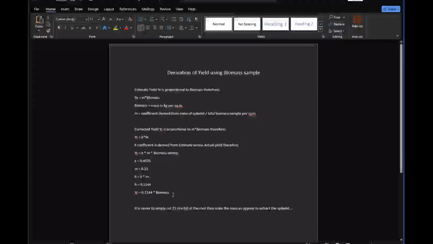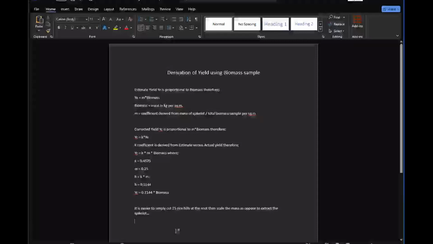When I did some number crunching, this M could go up to 0.3, or it could remain around 0.25. The thing about this is it just simplifies the work. I don't have to go and extract the spikelet, all of that work, and then weigh the spikelet. To me, it's too much hassle.